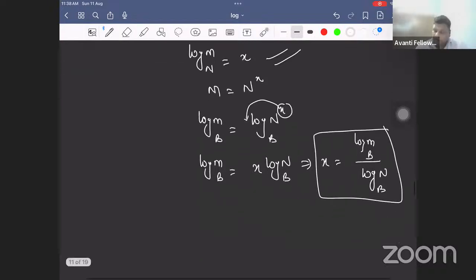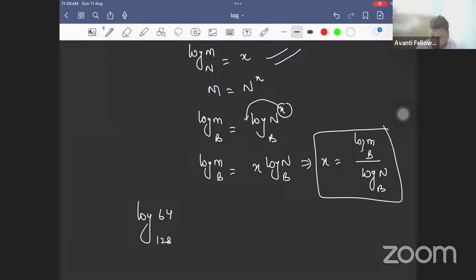Got it? Now see, say you are trying to find the value of log 64 base 128. You are not getting an exact idea of what the power of 128 should be to make it 64. So what do we do? They are powers of 2. So break the log: log 64 base 2 upon log 128 base 2.